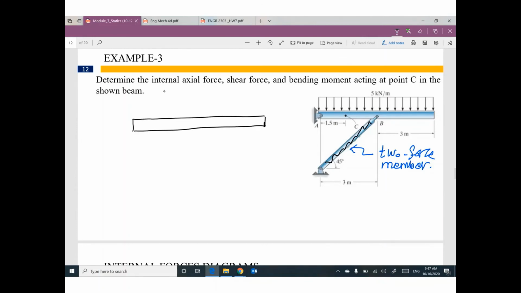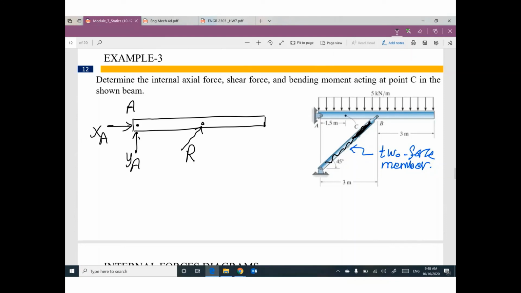At point B, we have one reaction, in the same direction as this member. At point A, we have a hinge, so we have two reactions, XA and YA.